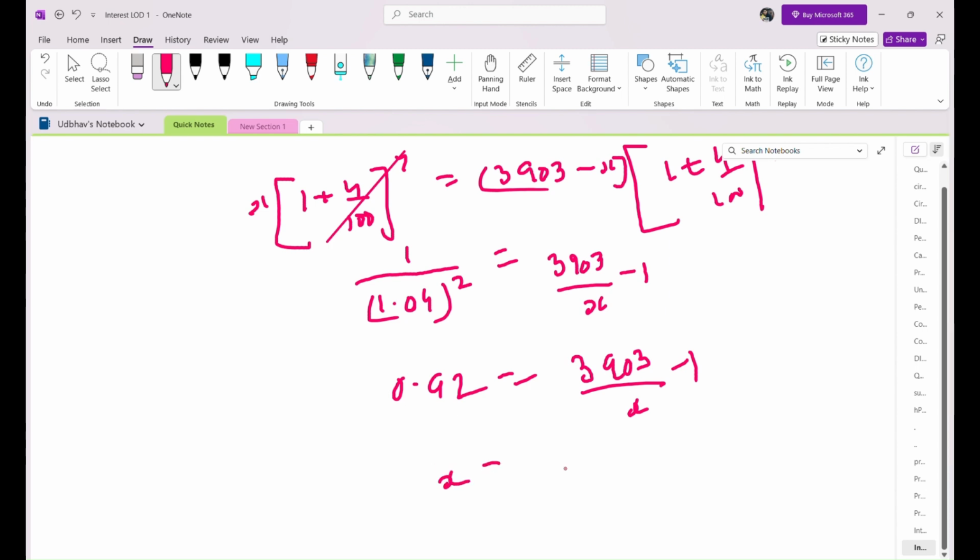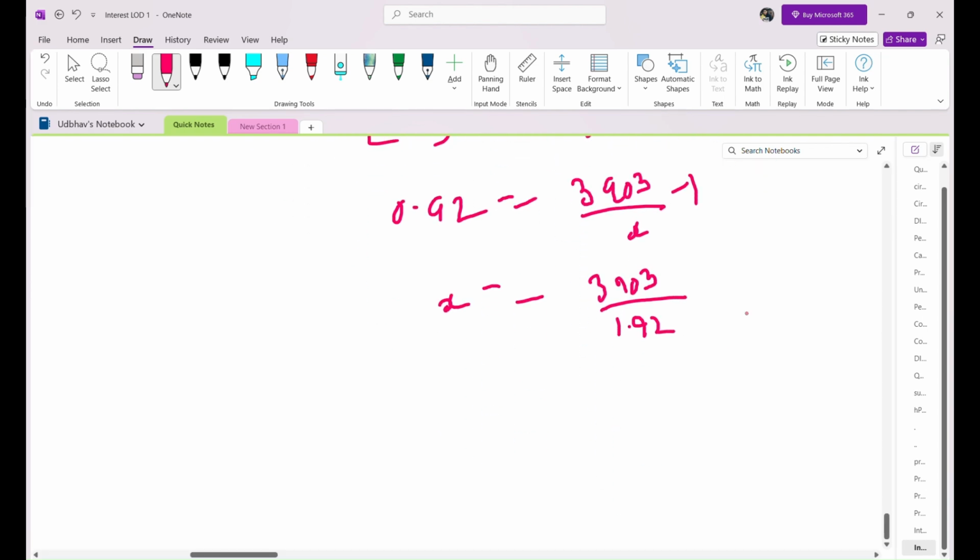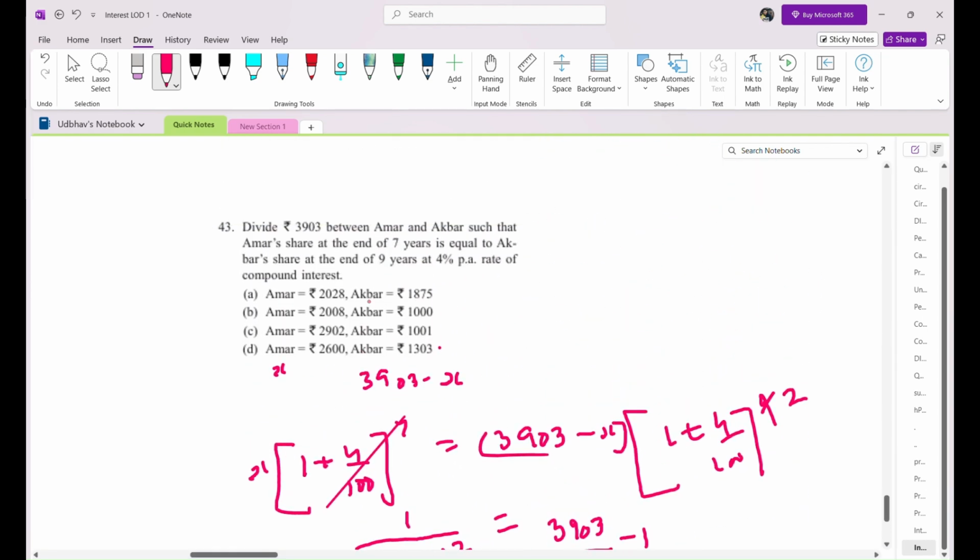So x equals 3903 upon 1.92, which is 2032. The 2032 option is pretty close.